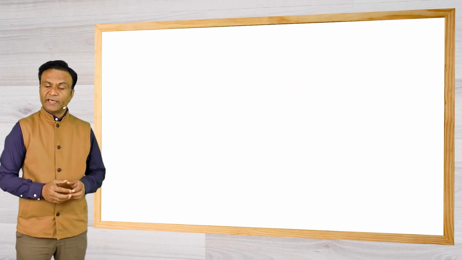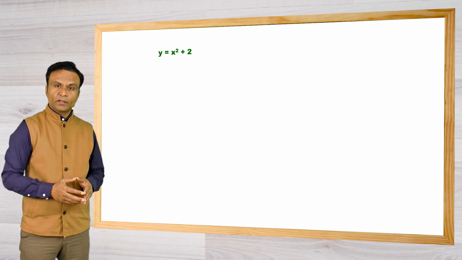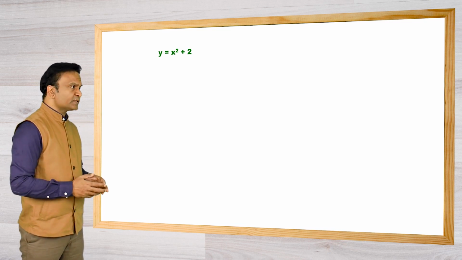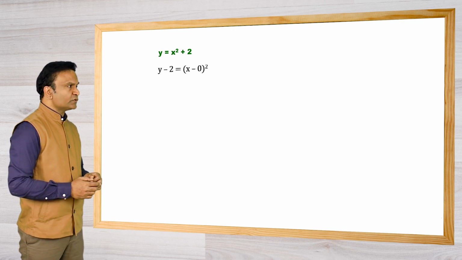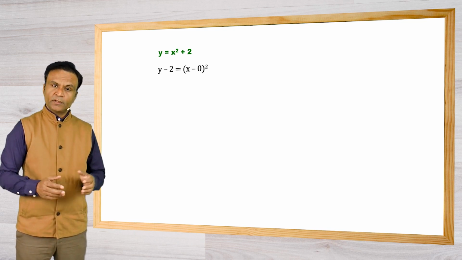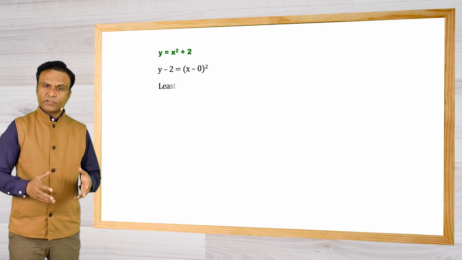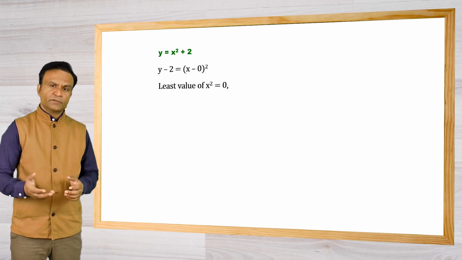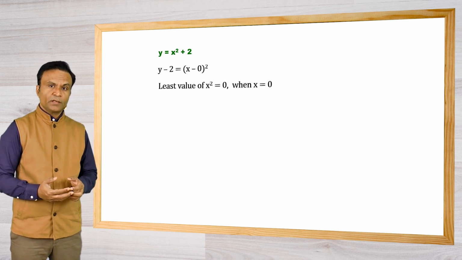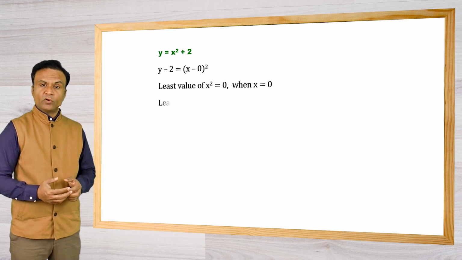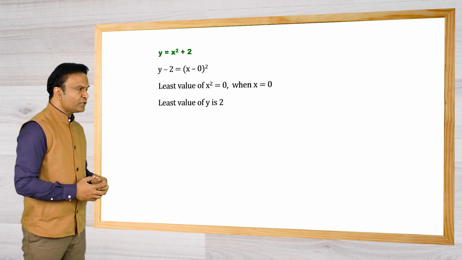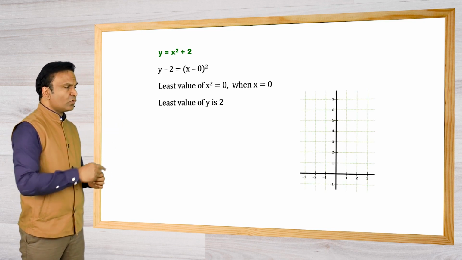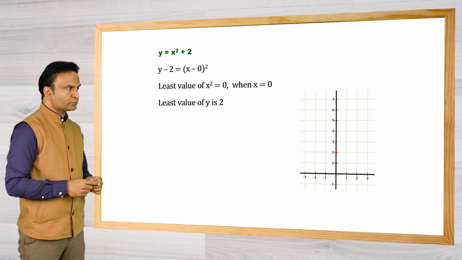Consider the quadratic function y = x² + 2. We can put this function as y − 2 = (x − 0)². The least value of x² is 0 when the value of x is 0. So here the least value of y is 2. So on the graph of the function we have the point (0, 2).